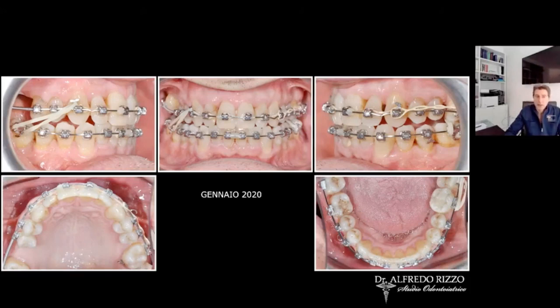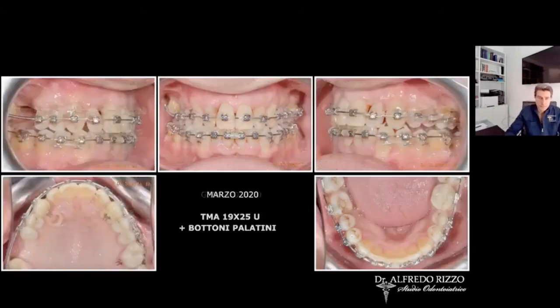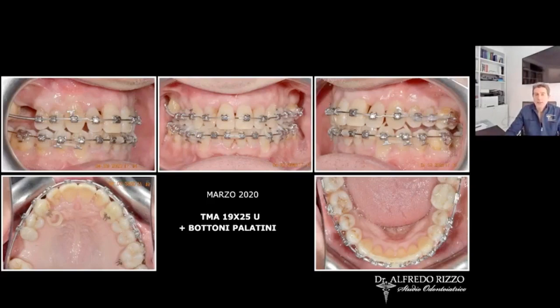The patient continues to wear the elastics. Here we have TMA arch wires and extrusion folds in order to improve overbite. I also have elastics to improve the canine torque, and I continue to close the bite.